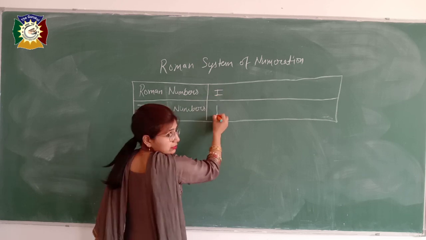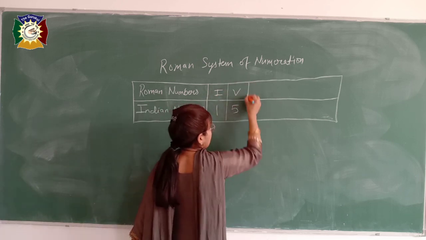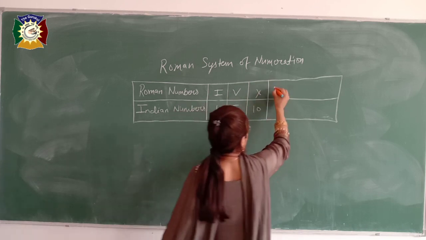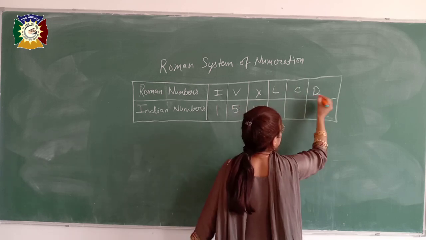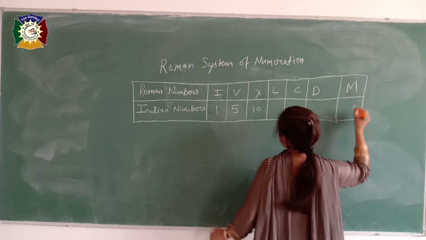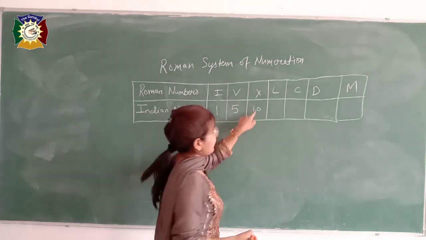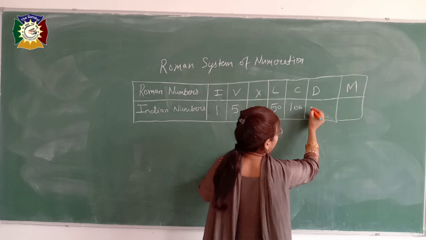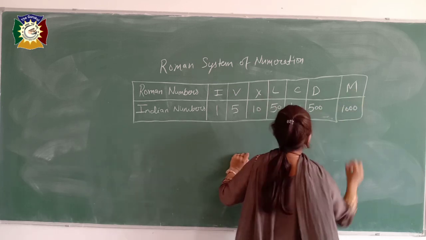I denotes 1, V denotes 5, X denotes 10, L denotes 50, C for 100, D for 500 and M for 1000.